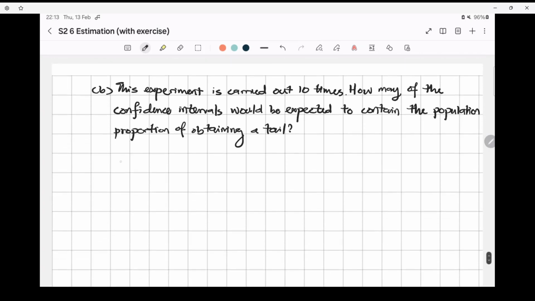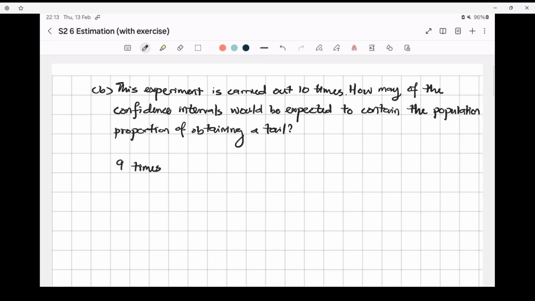So the answer is quite obvious, it's 9 times. That is the definition of confidence interval. So if you are using 90% confidence interval, you just use 90% times 10 and you will get 9 times.